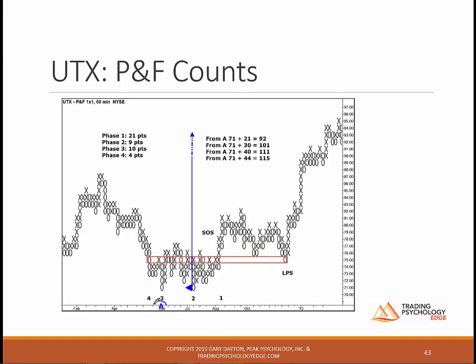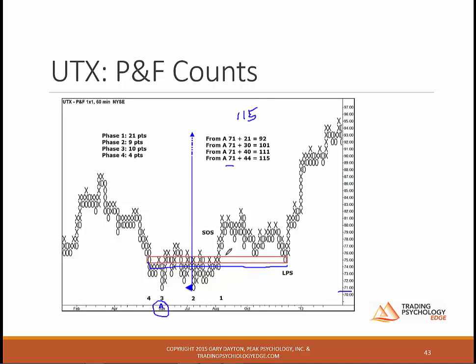A here is our low point, and that's 71, okay? So we add the 44 that goes across here, and we add it to 71, and that gives us 115. All right, that's the conservative count on this chart.